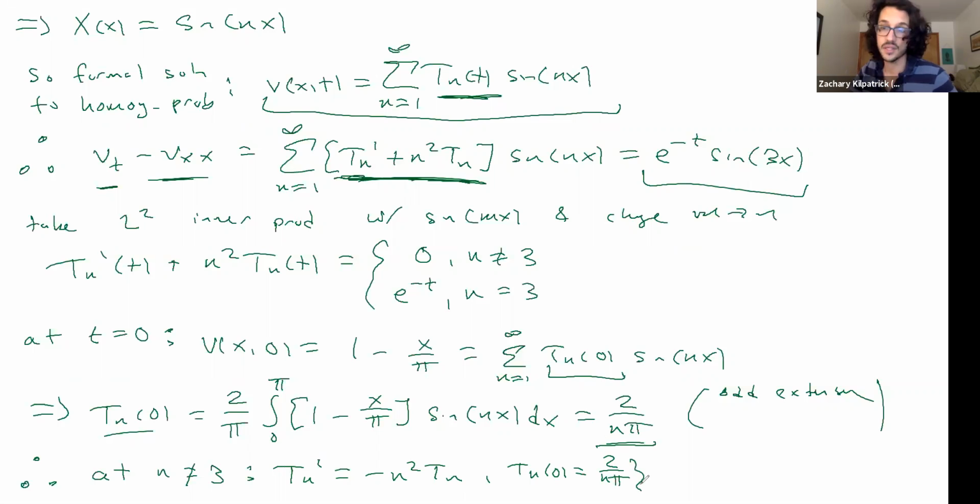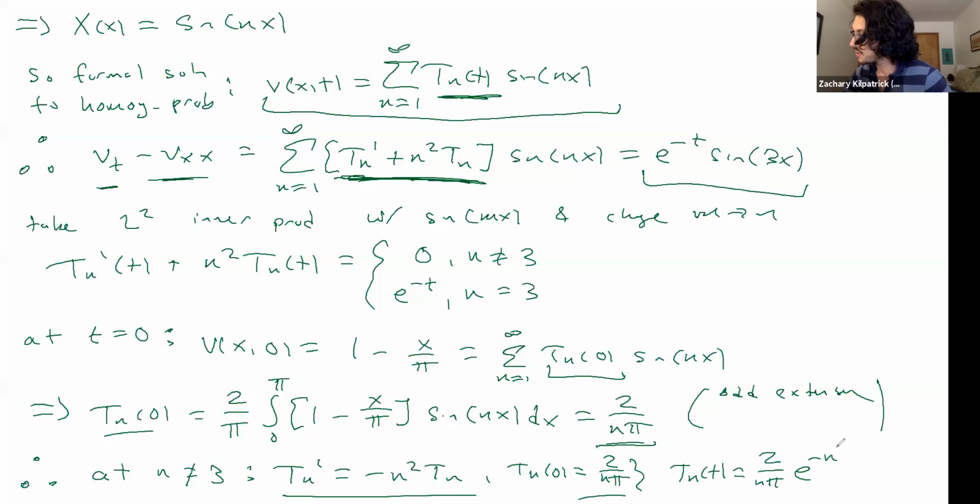Taken together, this is just going to be an exponential function, like you'd expect, with this parked out front. So Tn of t is equal to 2 over n pi e to the minus n squared t. This n squared t is good news as far as killing off all the high frequency modes, as you'd expect from the heat equation. Now the last bit of work is the inhomogeneous problem.